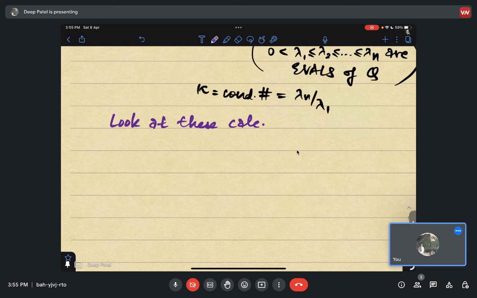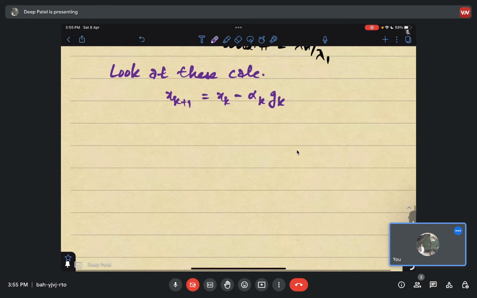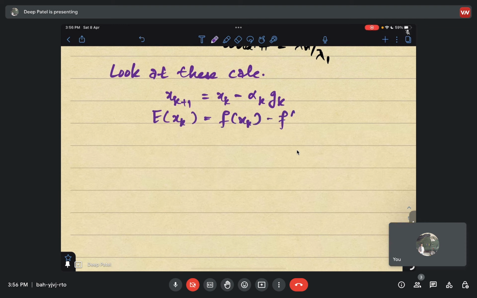So let's just set up terminology. x_{k+1} is x_k minus alpha_k g_k. My error term at x_k will be f of x_k minus f of x star. I'm just defining these things.